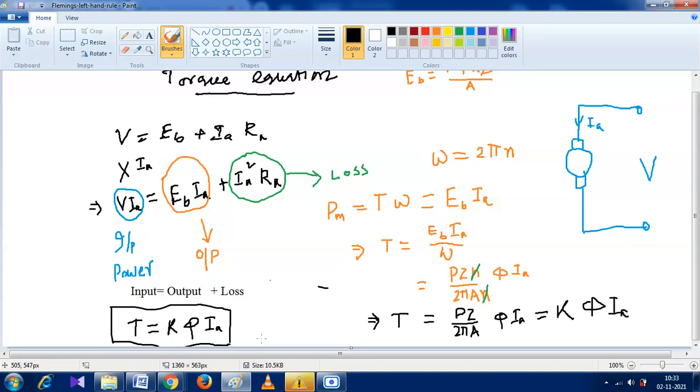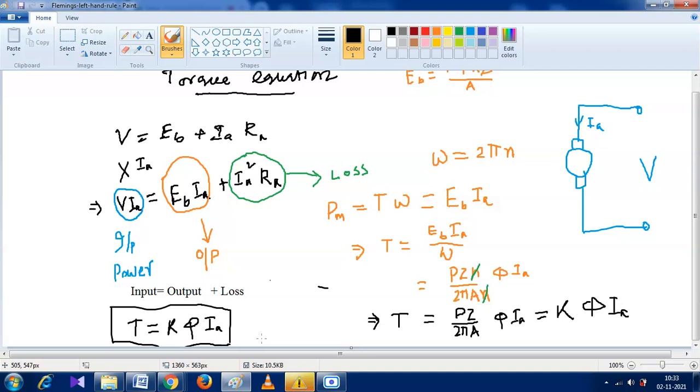P is the number of poles, Z is the total number of conductors, 2 pi is constant, and what is A? Actually, which quantity are we denoting by A? Sir, length of conductor.